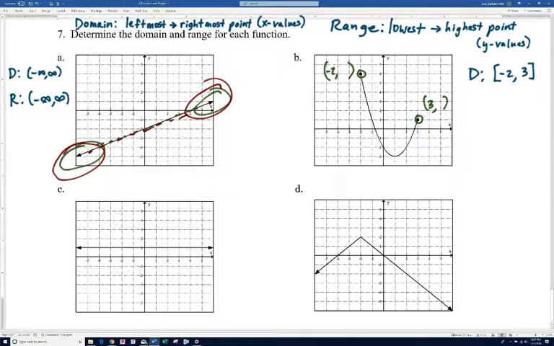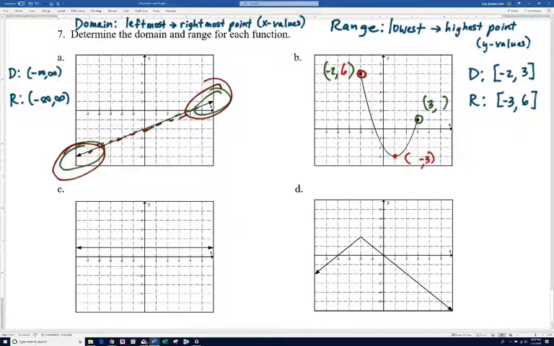And now let's look at the range. So notice we do have a lowest point here, and the y value there. Now remember, we're looking at y values because it's range. The y value there would be -3. And we also have a highest point right here, and the y value there is 6. And so our range goes from -3 to 6.